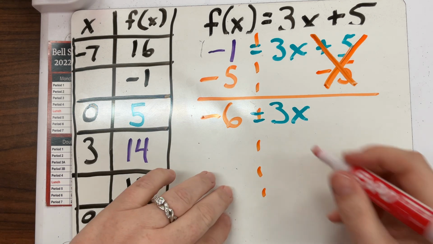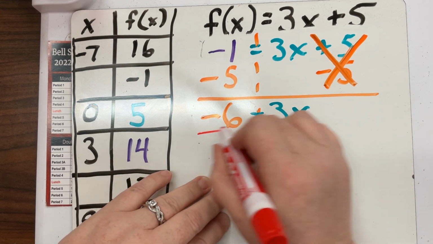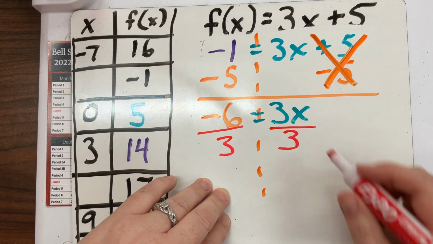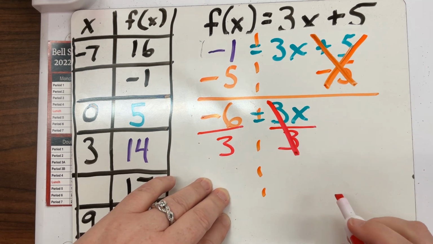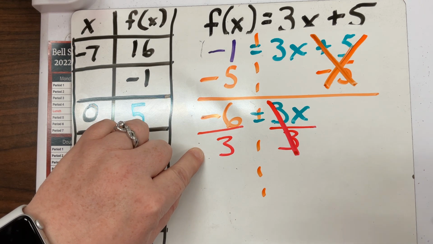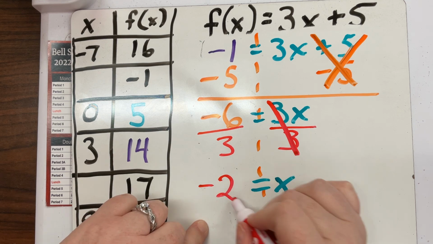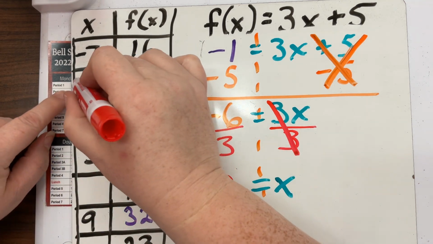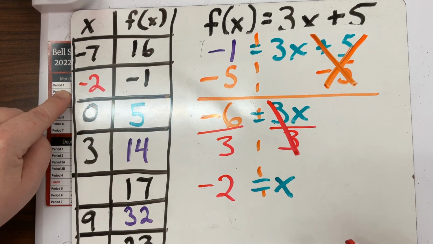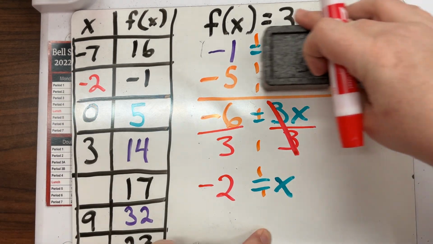We need to get rid of this 3. Those are being multiplied, so let's divide by 3 and divide by 3. Cross these guys out. -6 divided by 3, x equals -2. Now I put the -2 in here. If I want to check it, I could plug it in, but you guys already heard that bell.